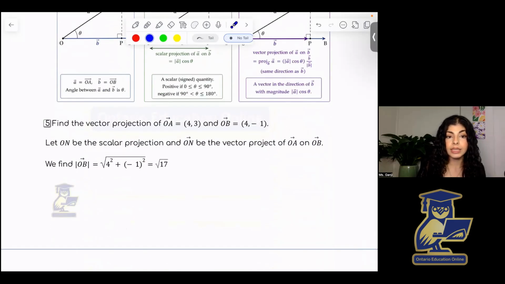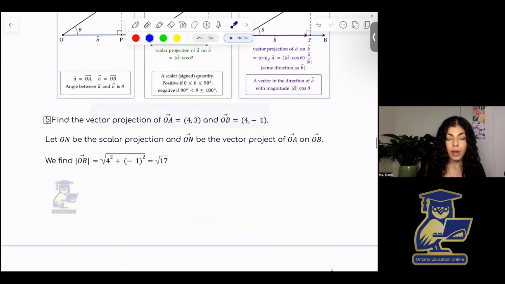So let's do a worked example here. We are given the vector OA given by 4, 3, and vector OB given by 4, negative 1. We want to find the vector projection of OA onto OB. So let ON be the scalar projection, which is just a line segment, and it'll be a scalar.